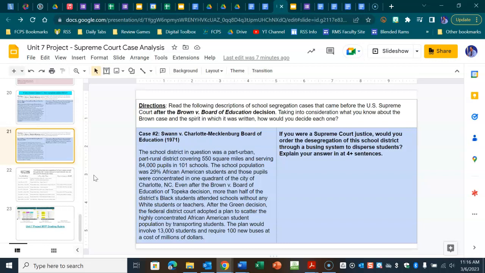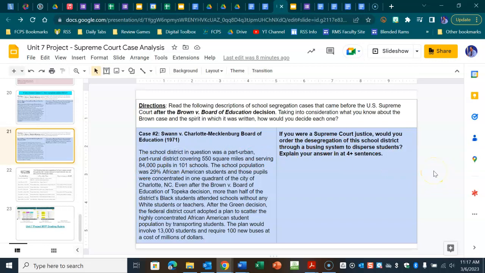Board of Education of Topeka decision, more than half of the district's black students attended schools without any white students or teachers. After the Green decision, the federal court adopted a plan to scatter the highly concentrated African American student population by transporting students. The plan would involve 13,000 students and require 100 new buses at a cost of millions of dollars. So I want you to answer the question to the right.